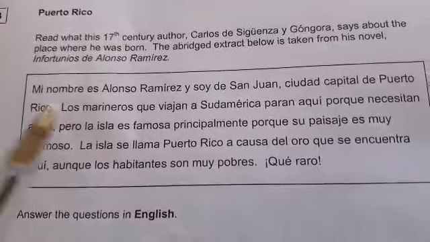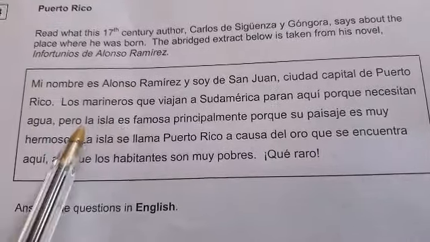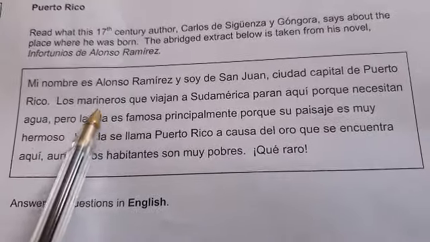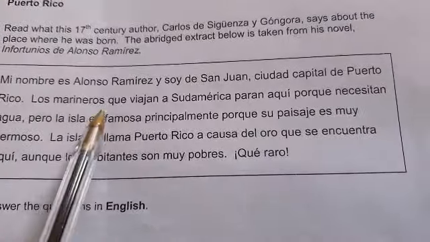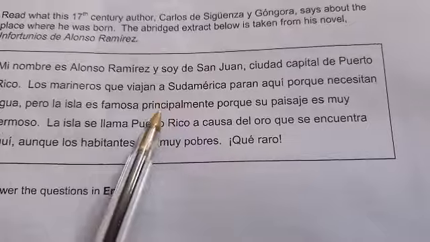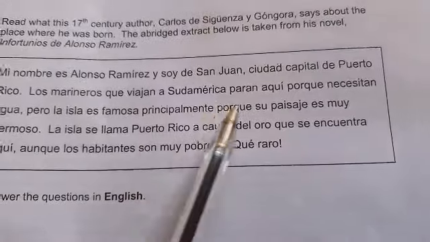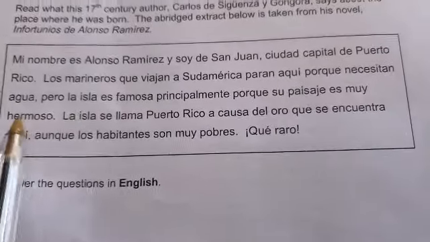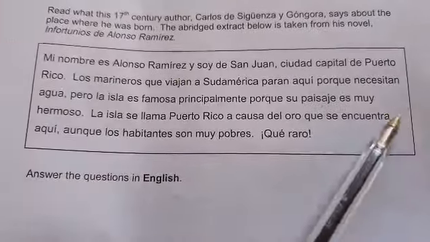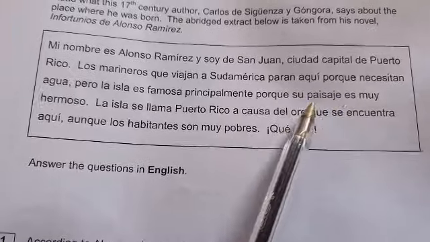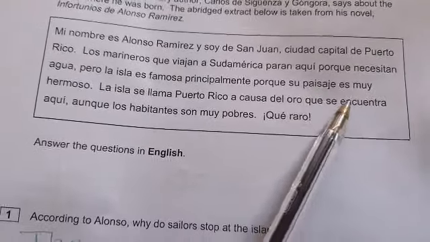Okay, next question. Why is the island famous? We're going to look for a word that looks like famous in English. Island looks like our island, just 2 letters shy. Pero la isla es famosa. We know that saying the island is famous, mainly, principalmente, porque su paisaje es bonito. Es hermoso, sorry. So paisaje is landscape, is beautiful.